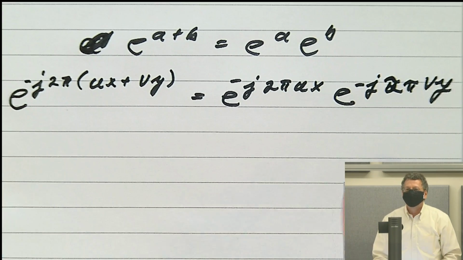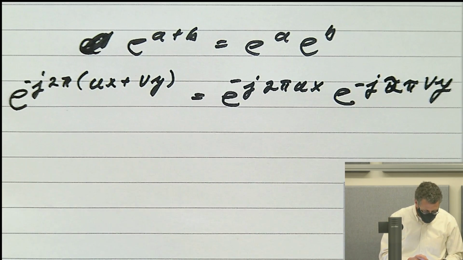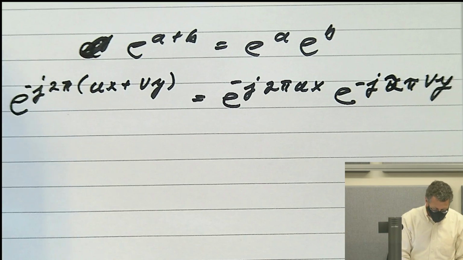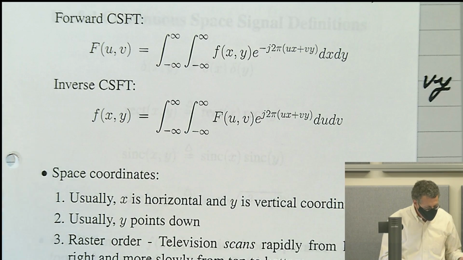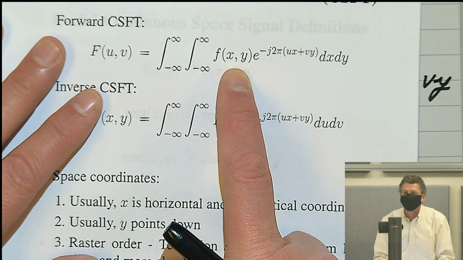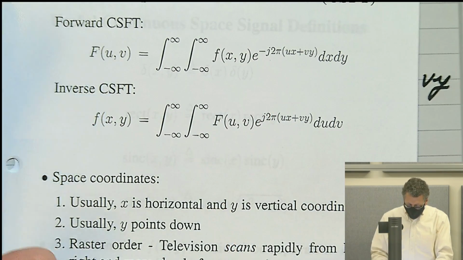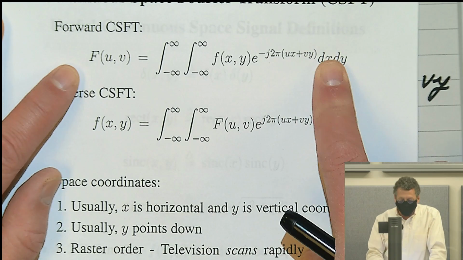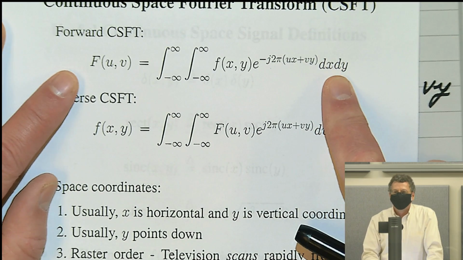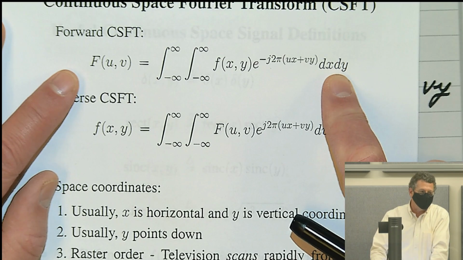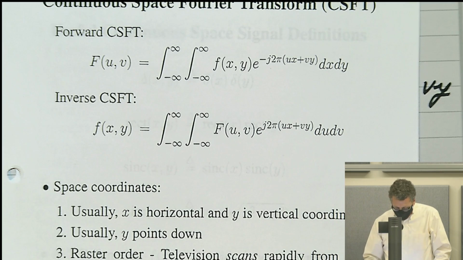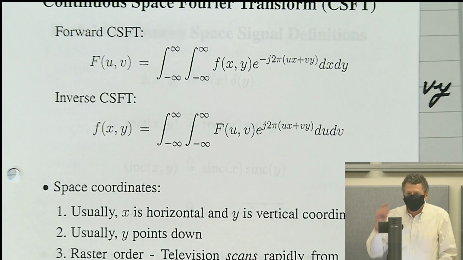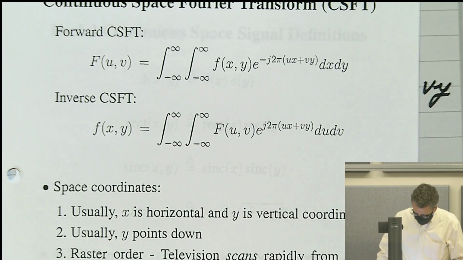See? You can separate them, and that relationship is very useful, because it means you can separate these integrals. We'll talk about this in a little bit. We can separate these integrals into two integrals, one over x and one over y. So the upshot is that the Fourier transform in 2D and in 1D are really very similar. So they share many of the same properties, okay? It's a pretty direct generalization. Other things in 2D tend to be not so direct, but that's an example of something that's really pretty direct, and it's kind of nice.